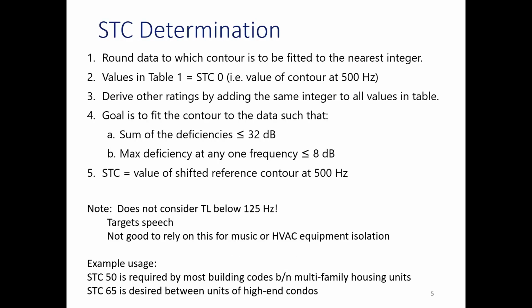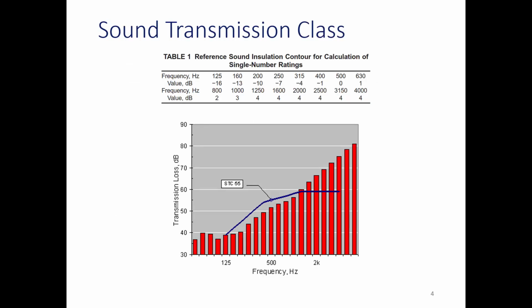But here, this will essentially list what I just said. So you round the data to which the contour is to be fitted to the nearest integer. So all that transmission loss data gets rounded to the nearest integer. Then the values in table 1, so these values here would be for STC 0, because we have 0 at 500.